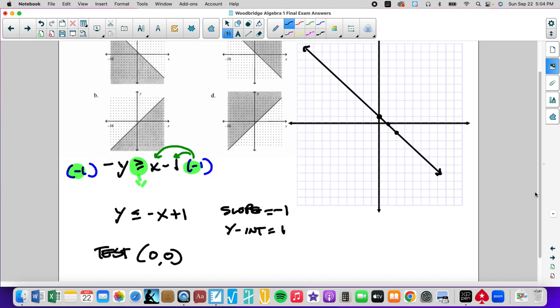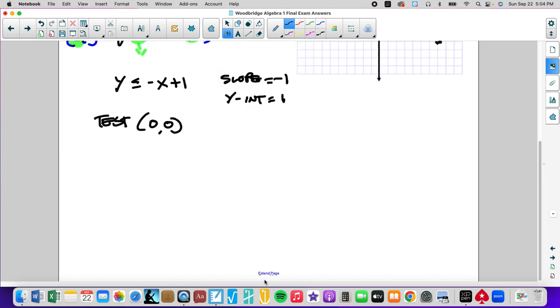So we're going to test it and put it into this inequality. So we plug in 0 for y, and we plug in 0 for x. That's all we're doing: taking those values, plugging them in, simplifying, and seeing, is this a true statement? Is 0 less than or equal to 0? Is 0 less than or equal to 1? Yes, that's a true statement. So this testing point is true.